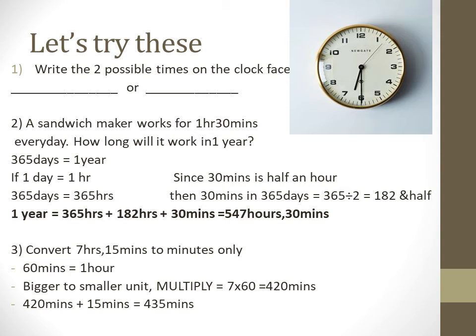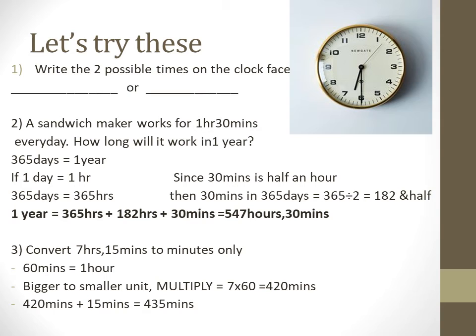Now the second thing, are we converting from a bigger to a smaller unit or smaller to bigger unit? Of course, we know that hours is bigger than minutes. So we're converting from bigger to smaller units. What do we do? Multiply.